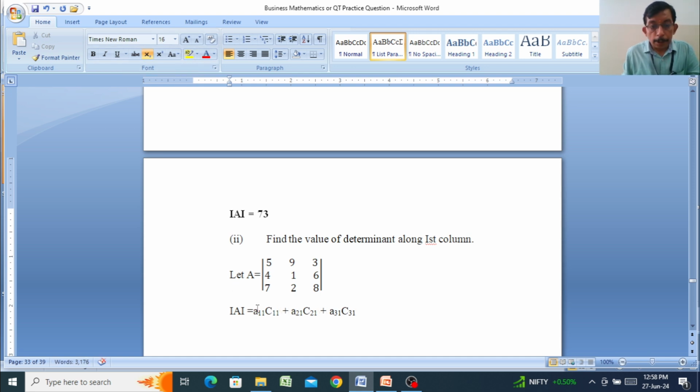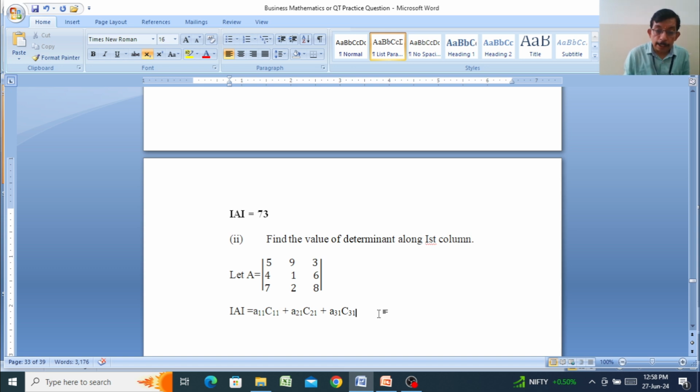Now A11 C11, A21 C21, A31 C31. The third order determinant formula is the same, the procedure is the same: the sum of the products of the elements and their corresponding cofactors.